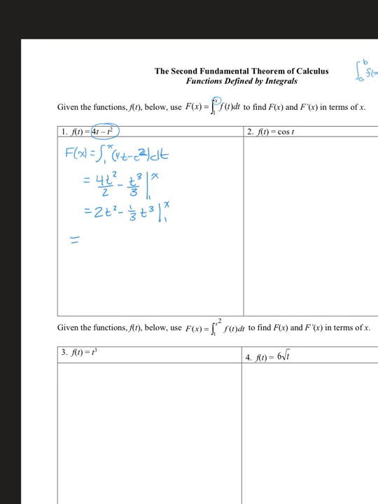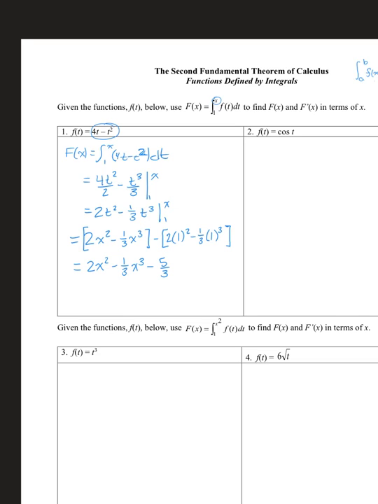Okay, and if we plug in these values here, we get 2x squared minus 1/3 x cubed. So that's the first part, minus, and then if we plug in 1, okay, so that gives us 2x squared minus 1/3 x cubed minus, and then if you evaluate this guy, you do get 5/3.